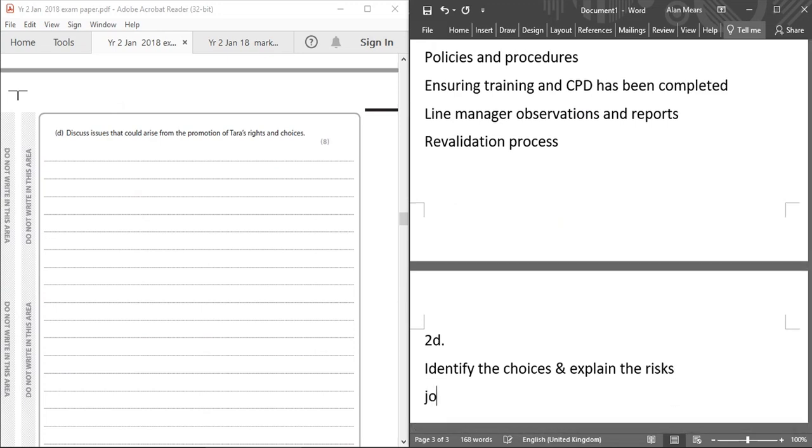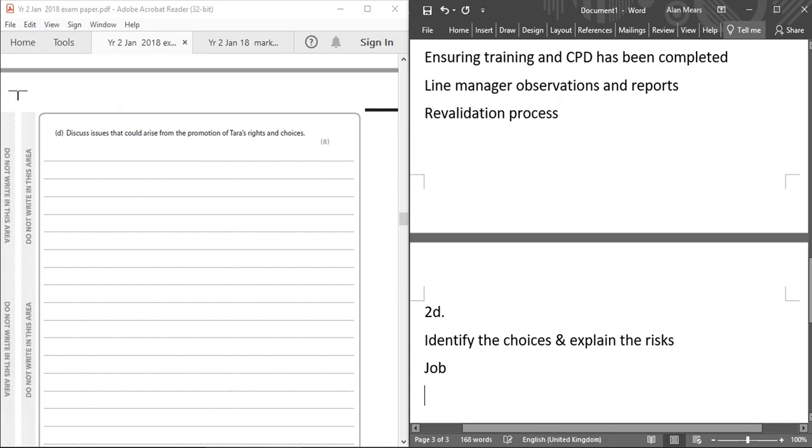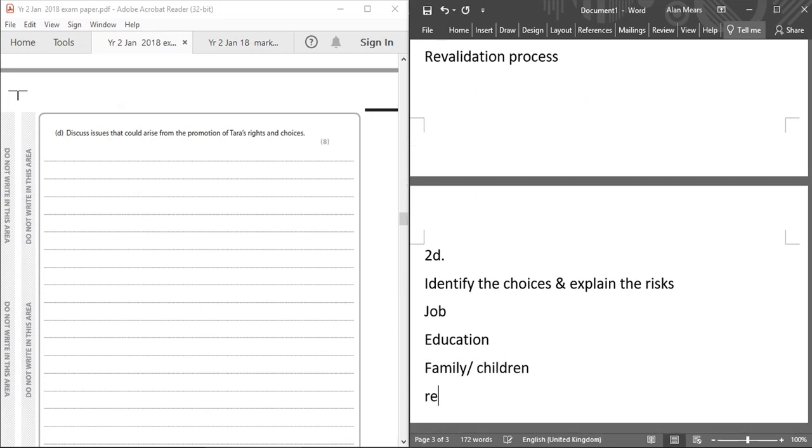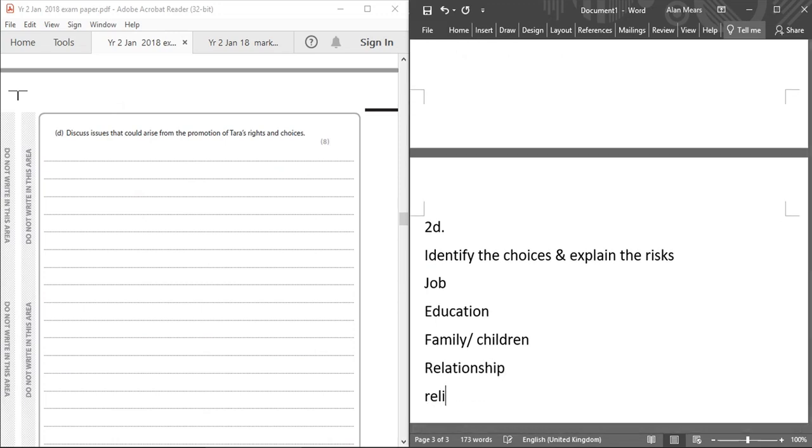So again, we had job, education, family and children, relationship, and her religion. And you could combine a couple of those.